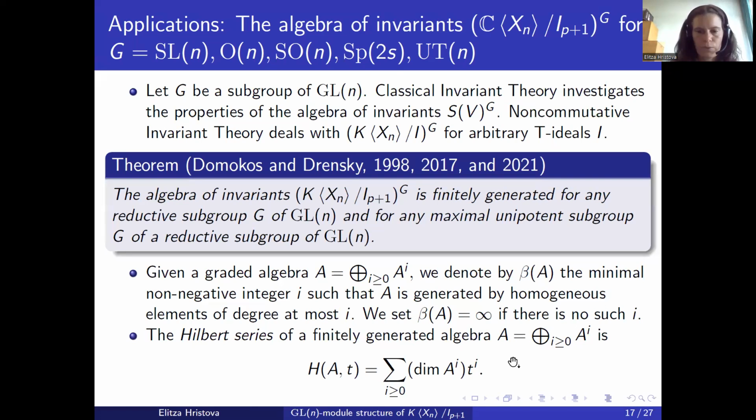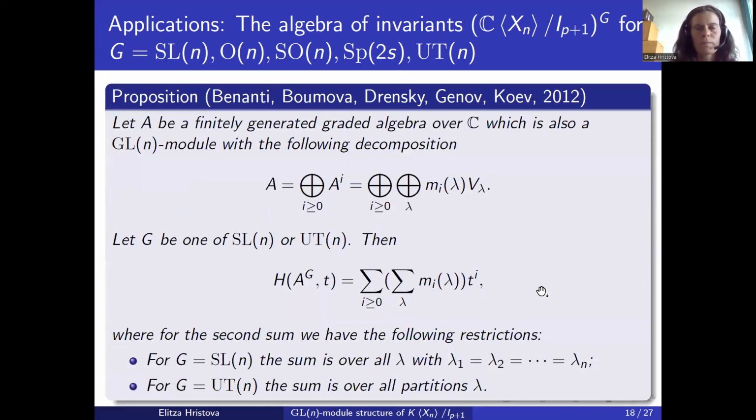In order to do that, we use these statements that tell us how to determine the Hilbert series when we know the decomposition of our initial algebra. So for any finitely generated graded algebra, and these theorems work over C. So from now on, we fix our base field to be C.